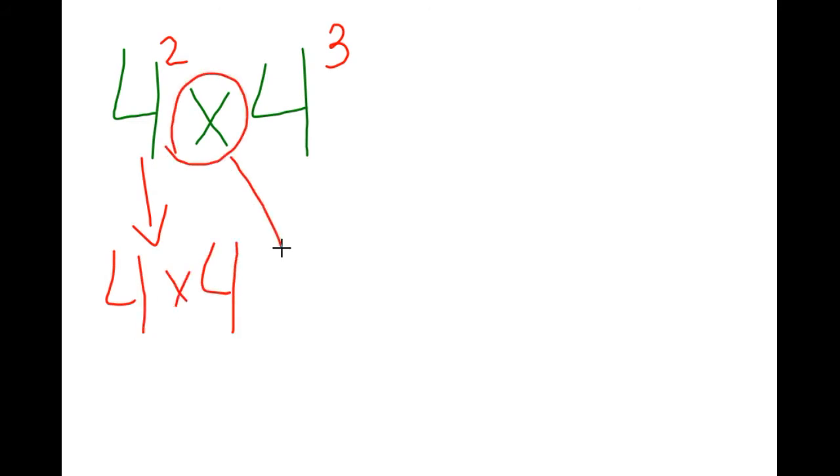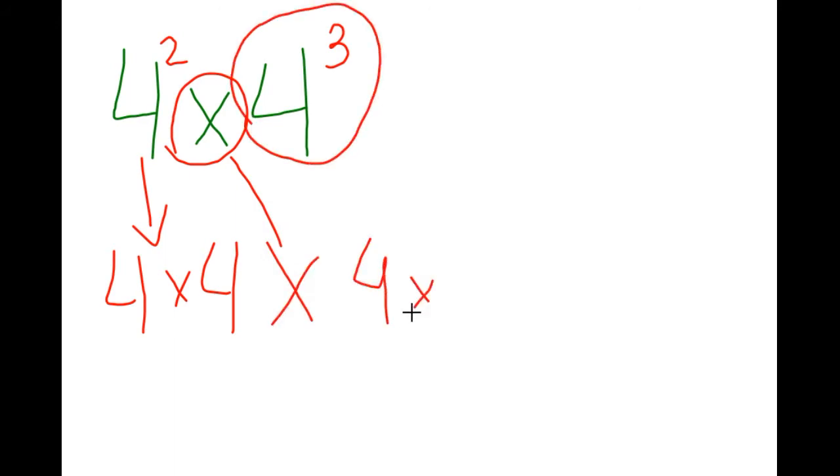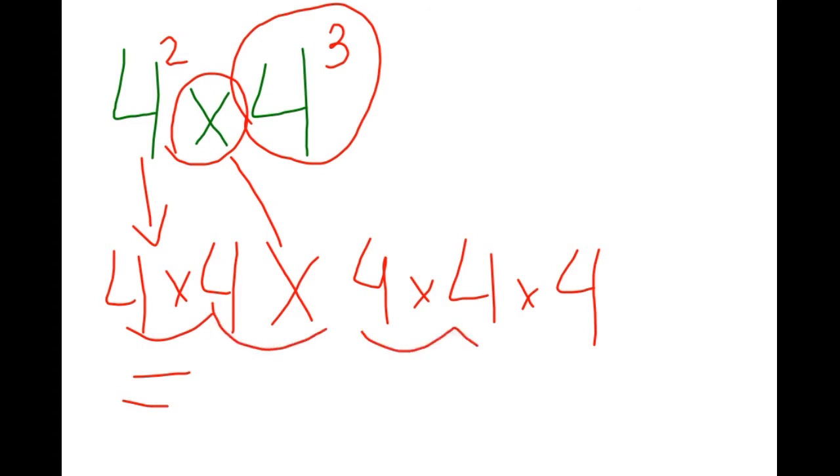Without expanding them, 4 to the power of 2 means 4 times 4, and 4 to the power of 3 means 4 times 4 times 4. And then calculating that, 4 fours are 16, 16 fours are 64, and so on.